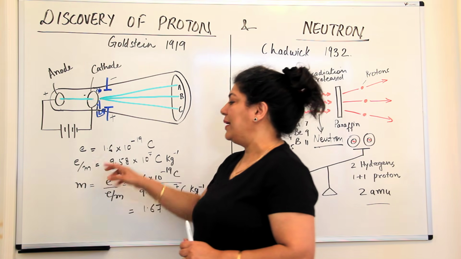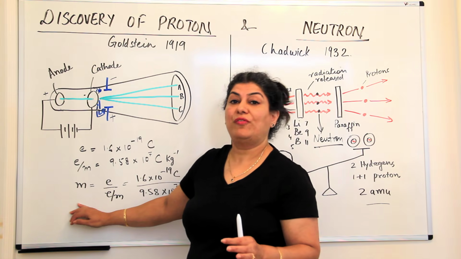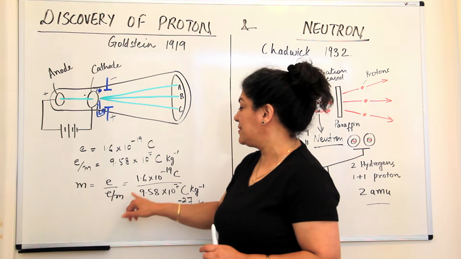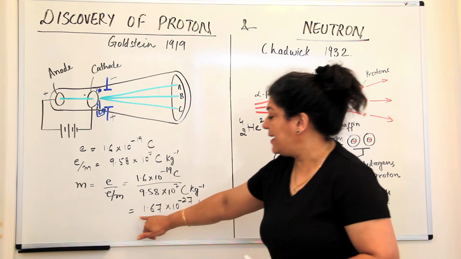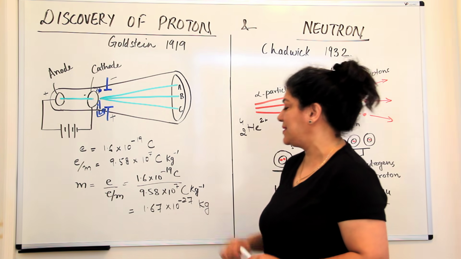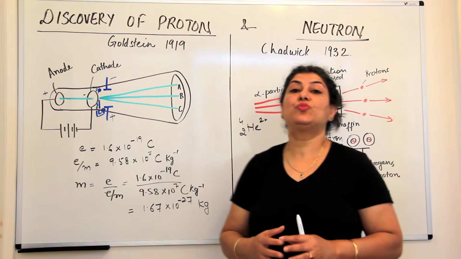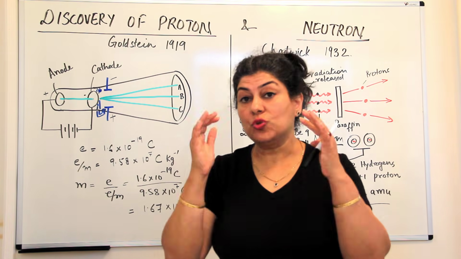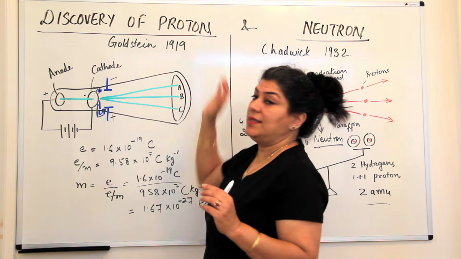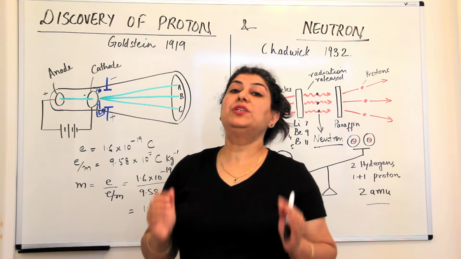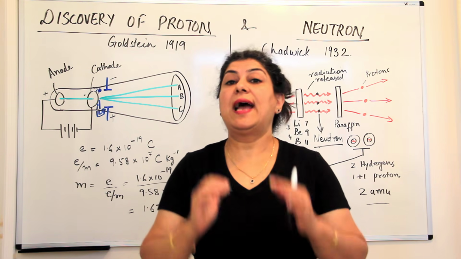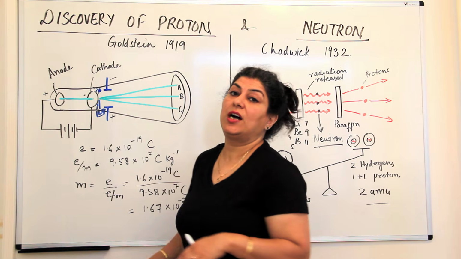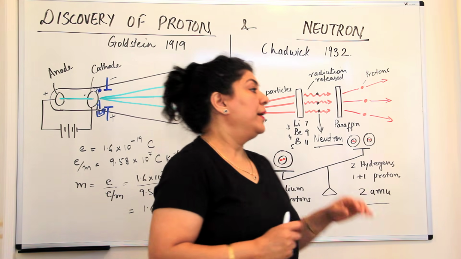So from these two values, he calculated the mass of a proton, and he got the value of 1.67 x 10^-27 kg as the mass of a proton. So that is how in 1919 Goldstein discovered the presence of protons, and he found out about the properties of protons, its charge and mass.